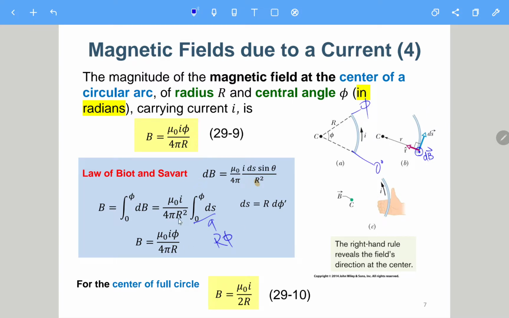And then the special case for this equation is that if it is a full circle, which means that phi is 2 pi for the whole circle, this 2 pi will be cancelled with this 2 pi. So we have mu 0 I over 2r. So we don't have this pi in the denominator.